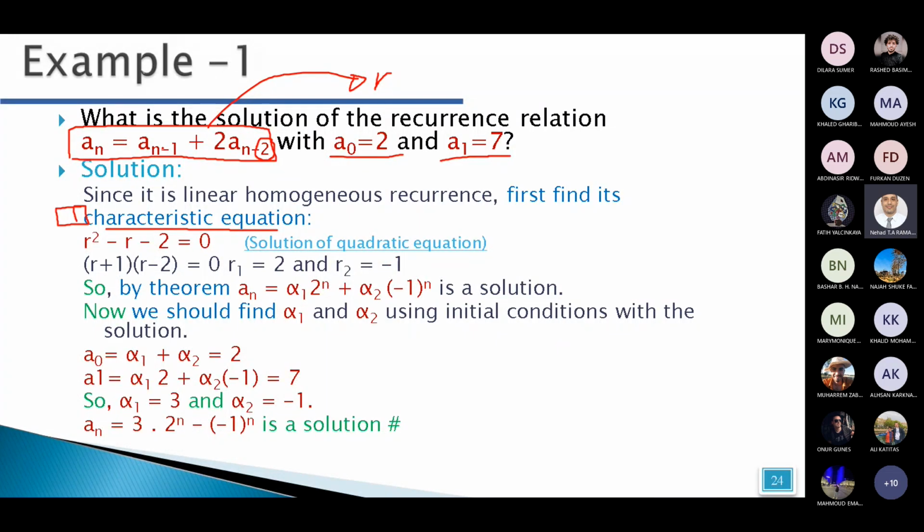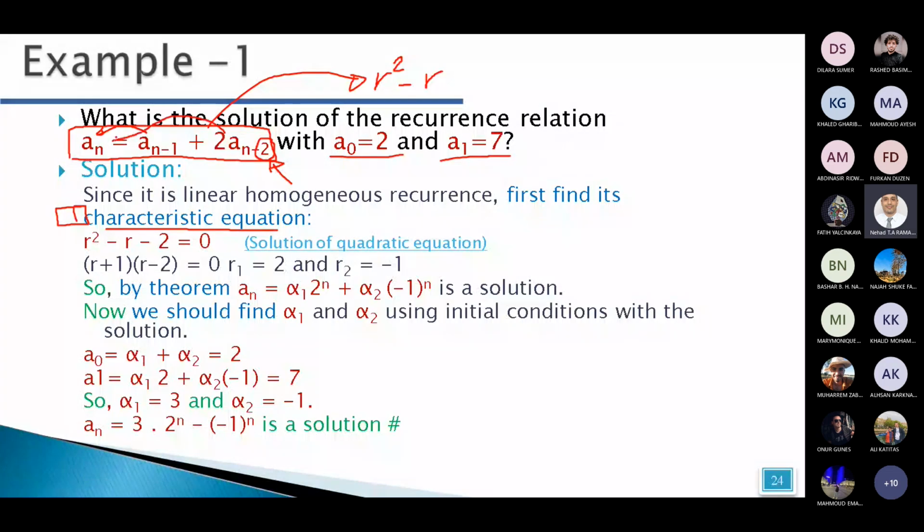So r power 2, plus, minus a n minus 1, it becomes r power k minus 1. K is 2, we get it from here. So 2 minus 1 becomes 1, so it's r.